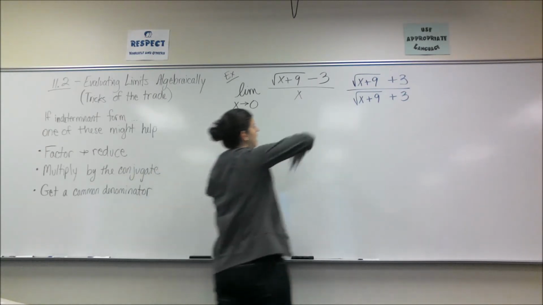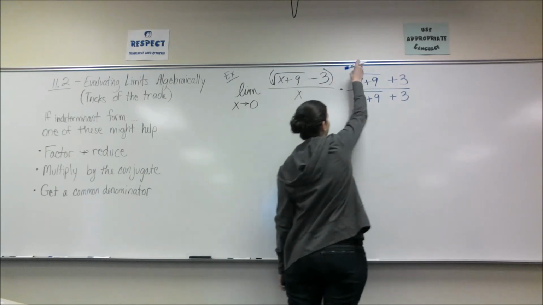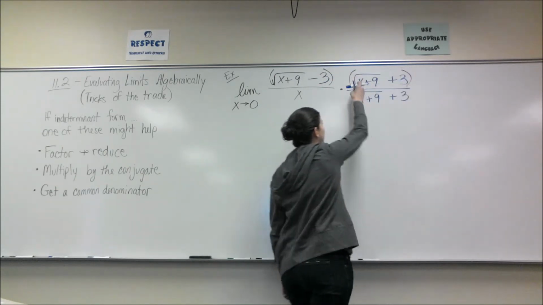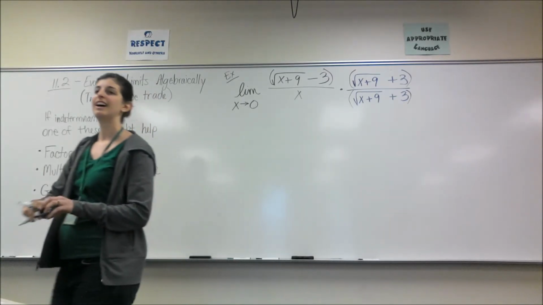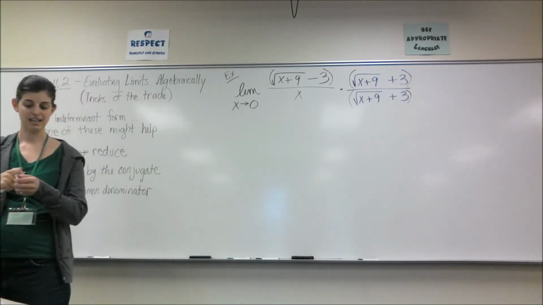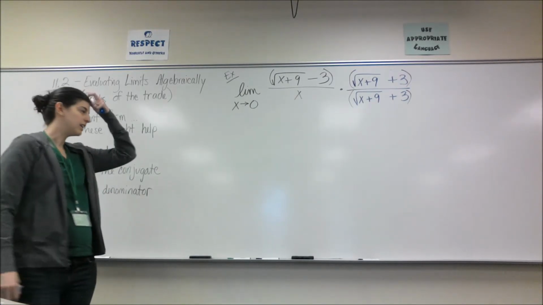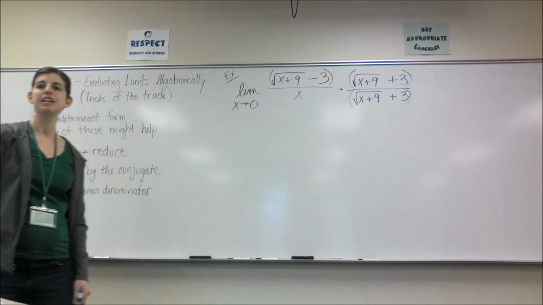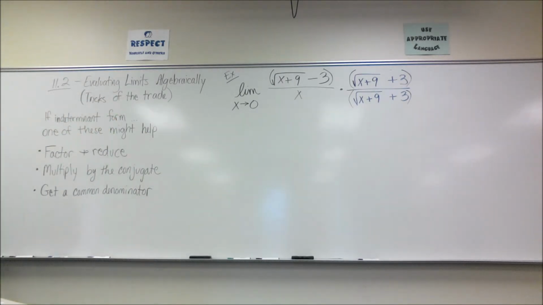Now my question is, how in the world do I multiply the numerators together? Probably should put some parentheses. Can we plug in 0 yet? Not yet. We still have 0 in the denominator. How can you multiply the numerators together? Probably something that starts with an F. Foil? Yep.